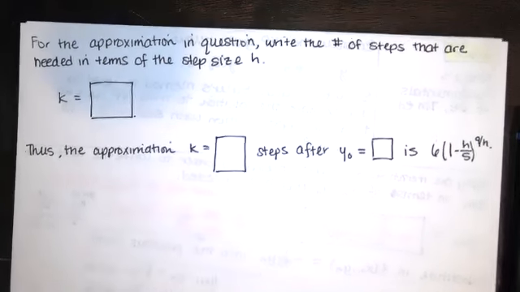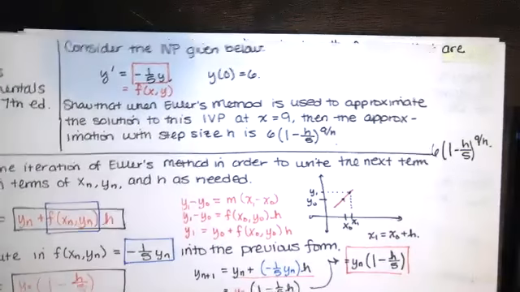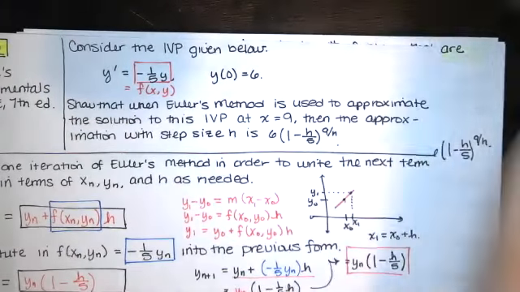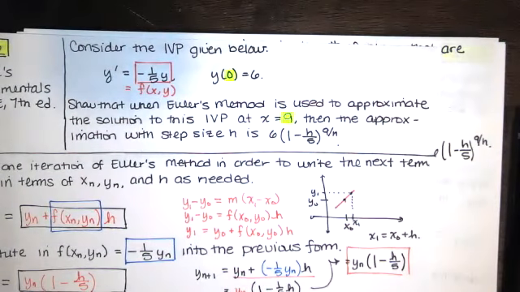Okay, so then it says, in order to finish the problem, for the approximation in question, write the number of steps that are needed in terms of the step size h. Well, remember where we started and remember where we're going. We're starting with x naught equals 0, and we're trying to get to x equals 9.